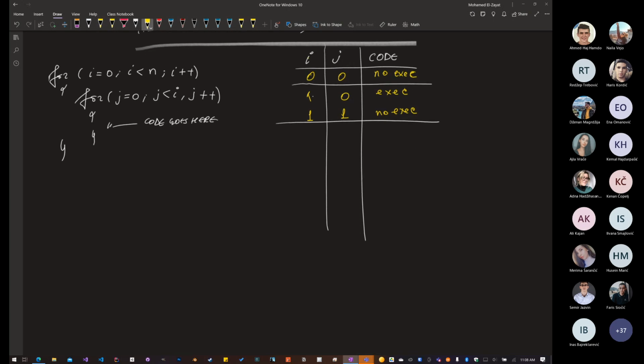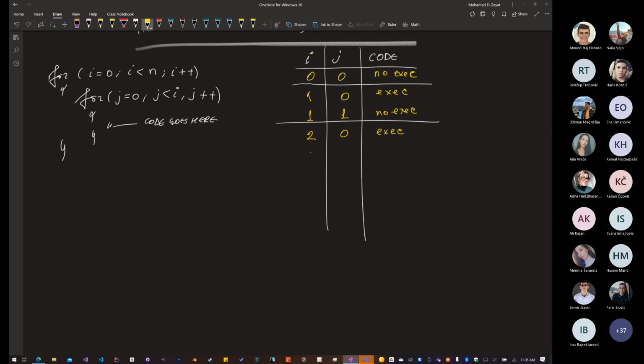I is incrementing, so I is going to be 2, and we get in here. J is going to be equal to 0 because we are executing this again. J is less than I because J is 0 and I is 2, so we have an execution.